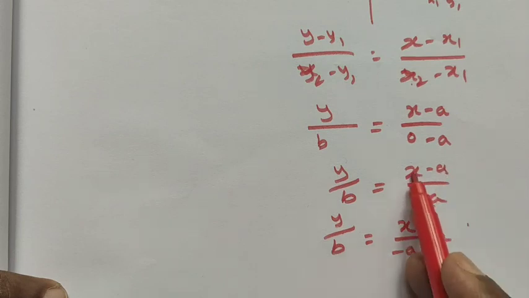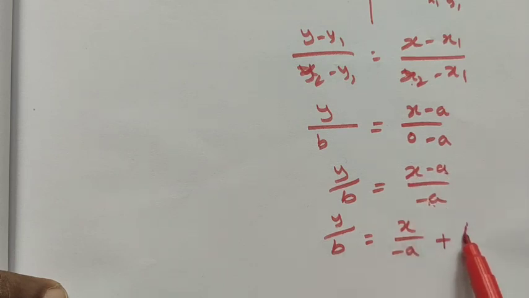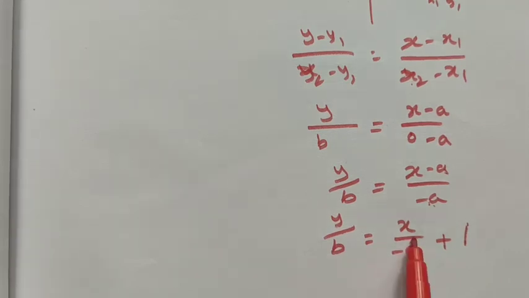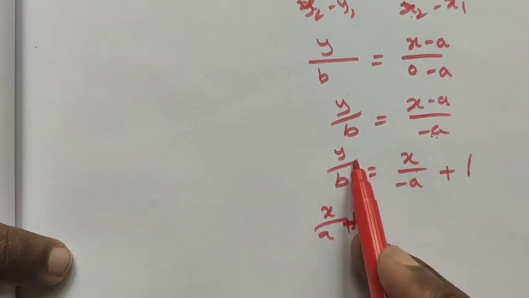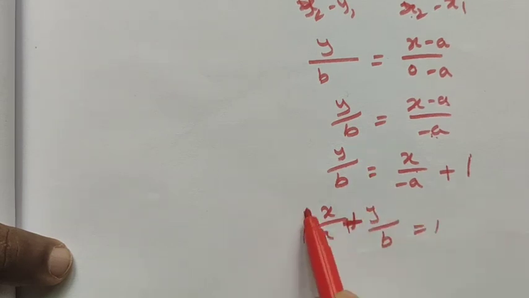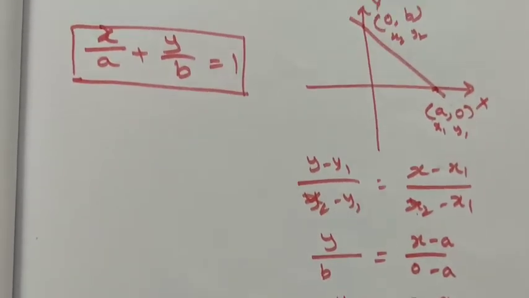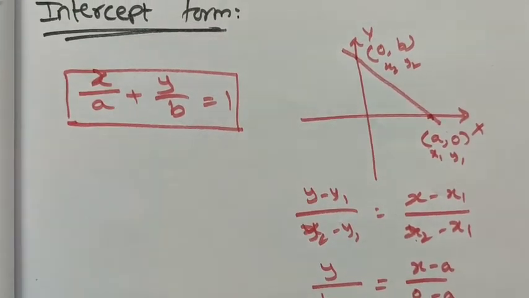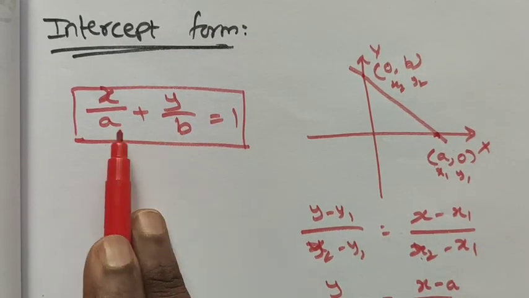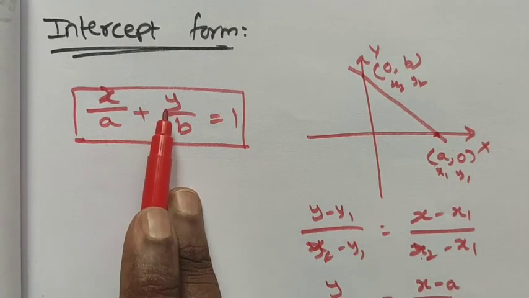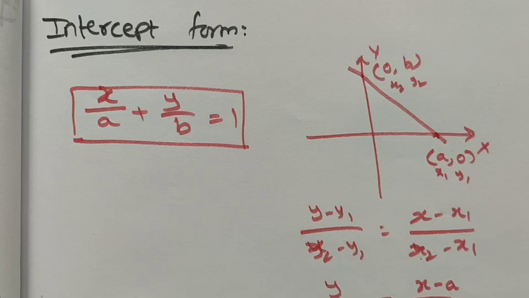This is x divided by a plus a divided by a, and a divided by a is 1. I take this term to this side, we get x by a, and the minus term we change into plus: x by a plus y by b is equal to 1. This is the intercept form formula, right? So we have seen the 4 types.